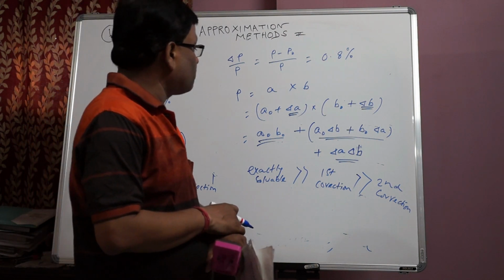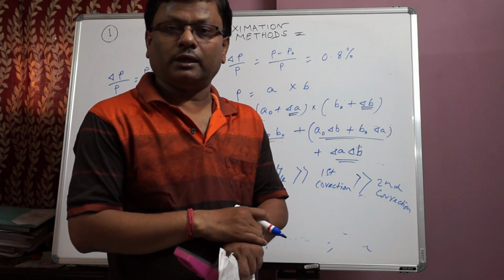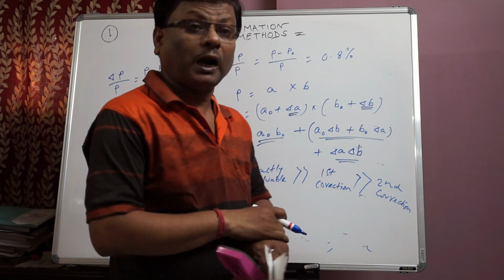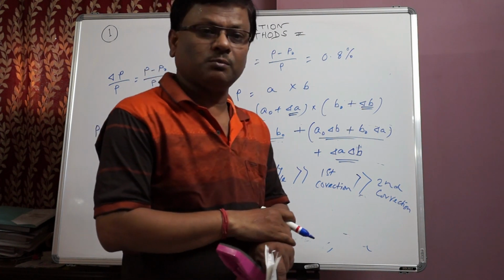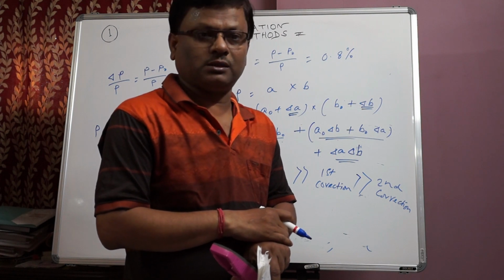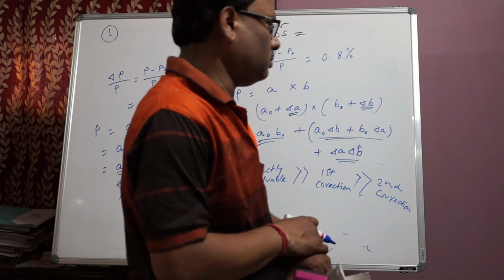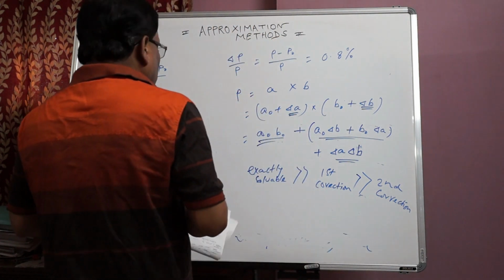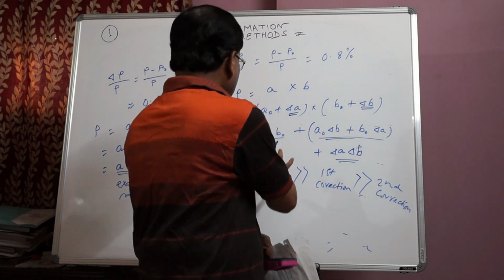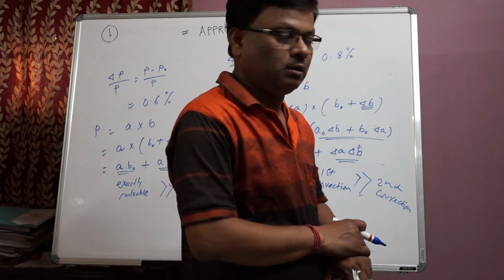In this place we can coin a term: perturbation. This disturbance may be called perturbation because in quantum mechanics this disturbance or fluctuation is called perturbation. So when the perturbation is very small compared to the dominating part, then we can apply an approximation method.